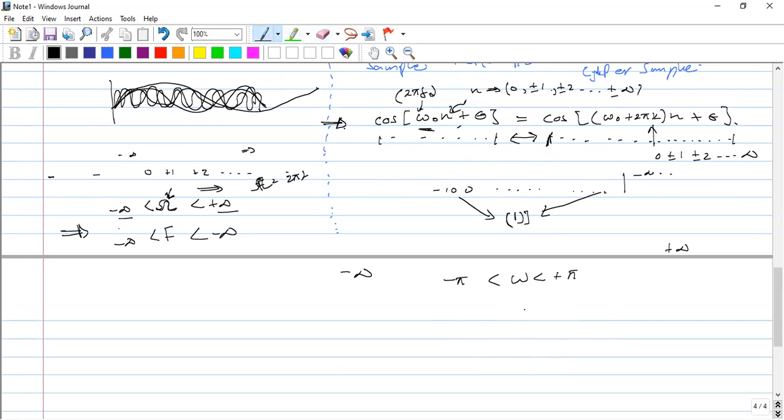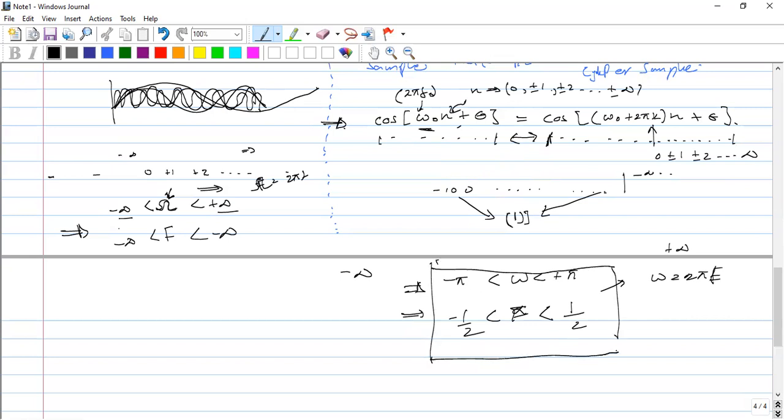So here f is from -half to +half, which you can get from omega equal to 2 pi f, so you can calculate this. This is another condition for discrete time signals, and it is a very important parameter you have to remember. In the case of a continuous signal, omega and f can take different values and generate different waveforms.